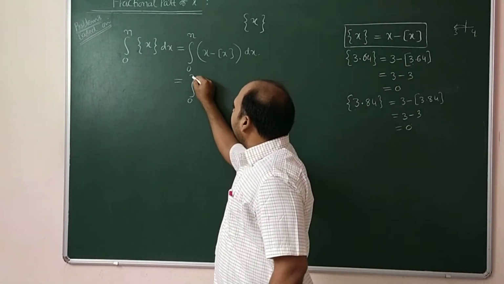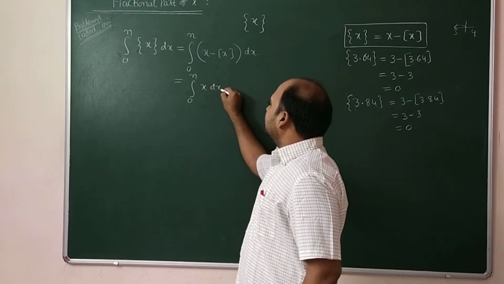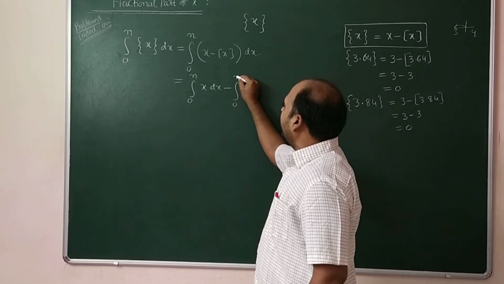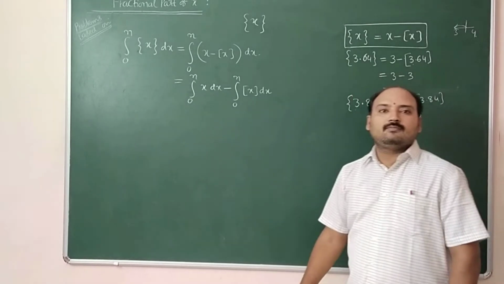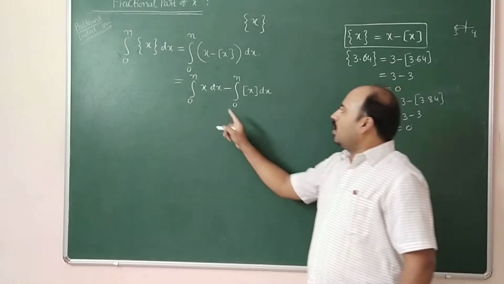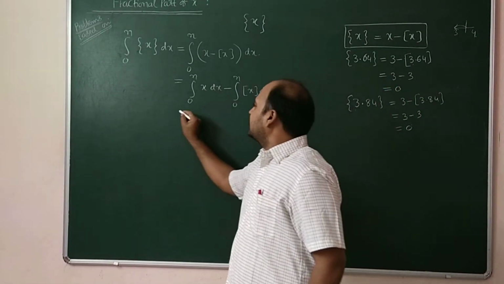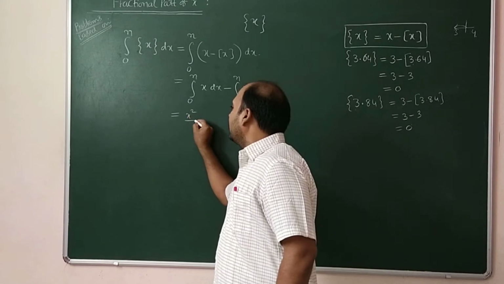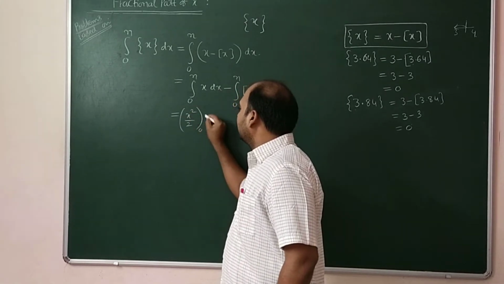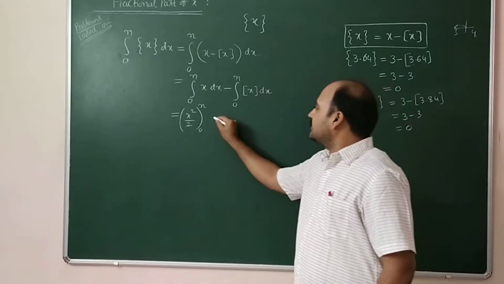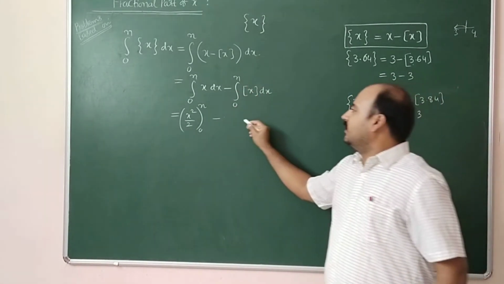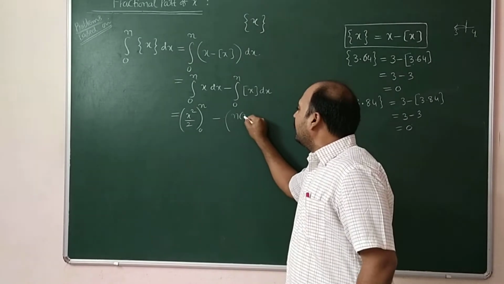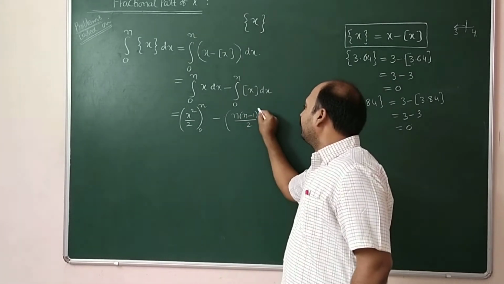Integral 0 to n of x dx minus integral 0 to n of step x dx. Integral x dx is x square by 2, applying the limits 0 to n, minus integral 0 to n of step x dx, which we just calculated. The answer is n into (n minus 1) divided by 2.